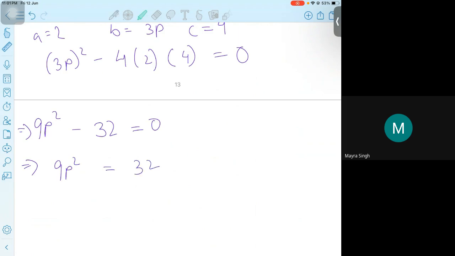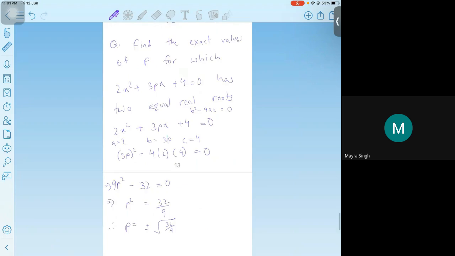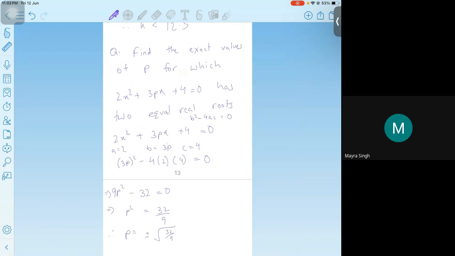If you try to make p the subject, this is what you get. Therefore, p is equal to plus or minus root of 32 over 9. Any questions? Do you have any questions? Are you all okay with this?